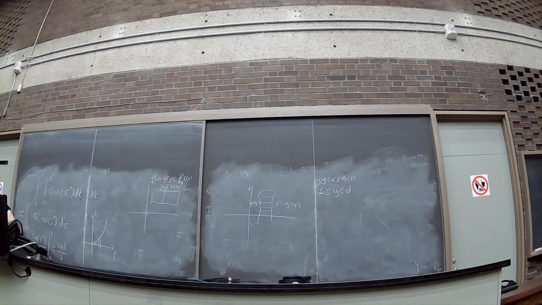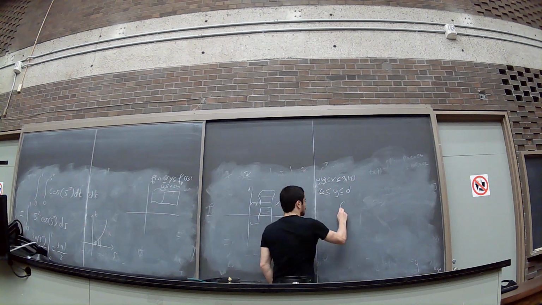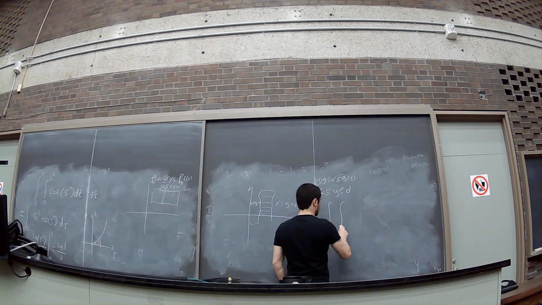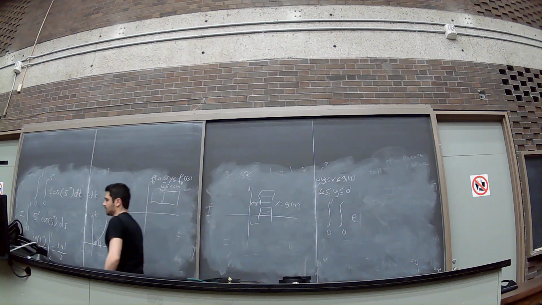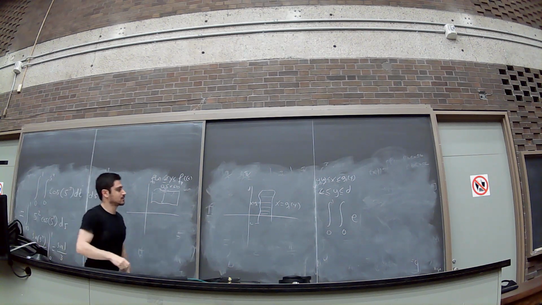Okay, let's do some nice examples. Oh man, that looks like a bad one. Oh no, that's good. So integrate. Let me pick a big number here. 0 to 1.